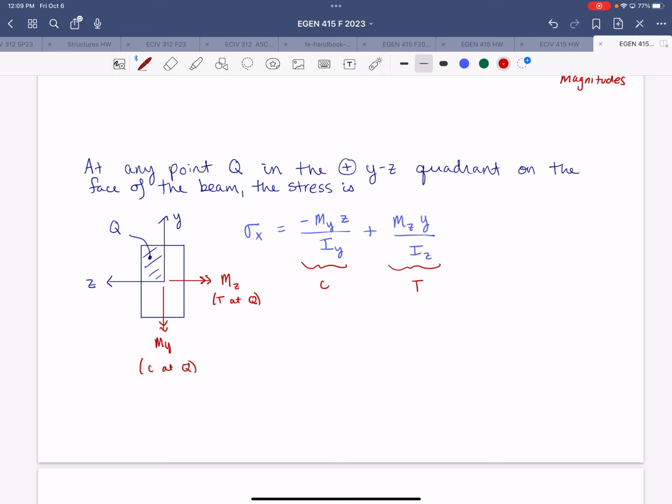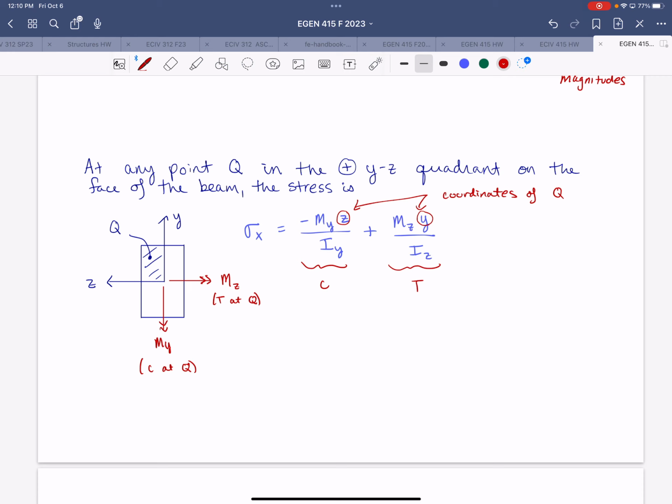Note that z and y are the coordinates of Q. So that was developed using the right-hand rule and intuiting whether you've got tension or compression at Q.